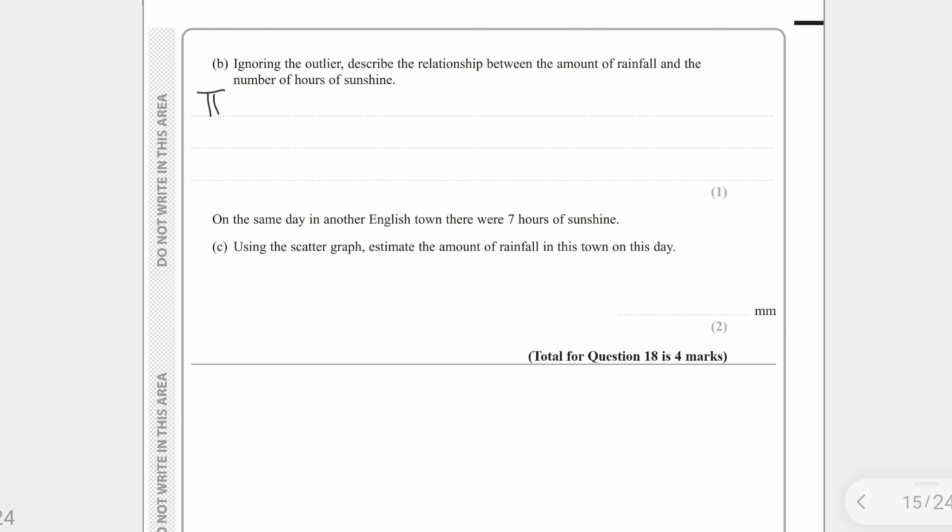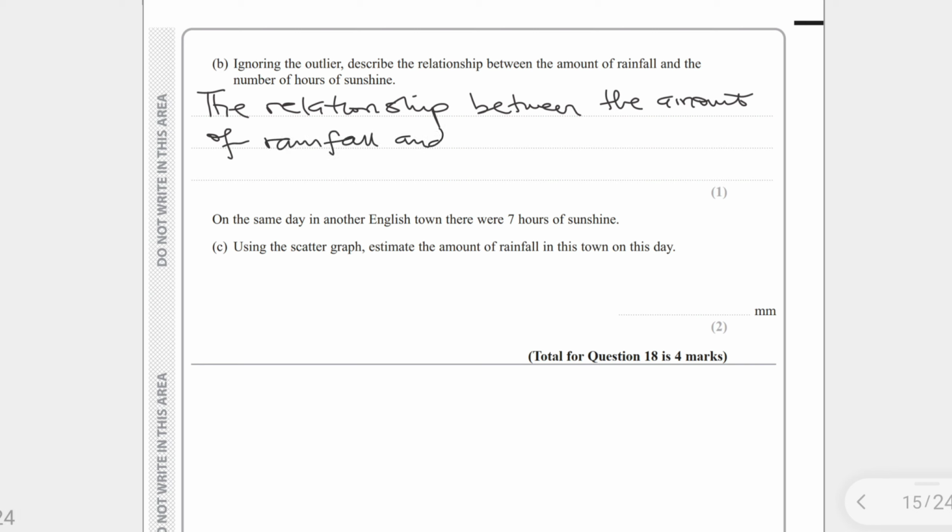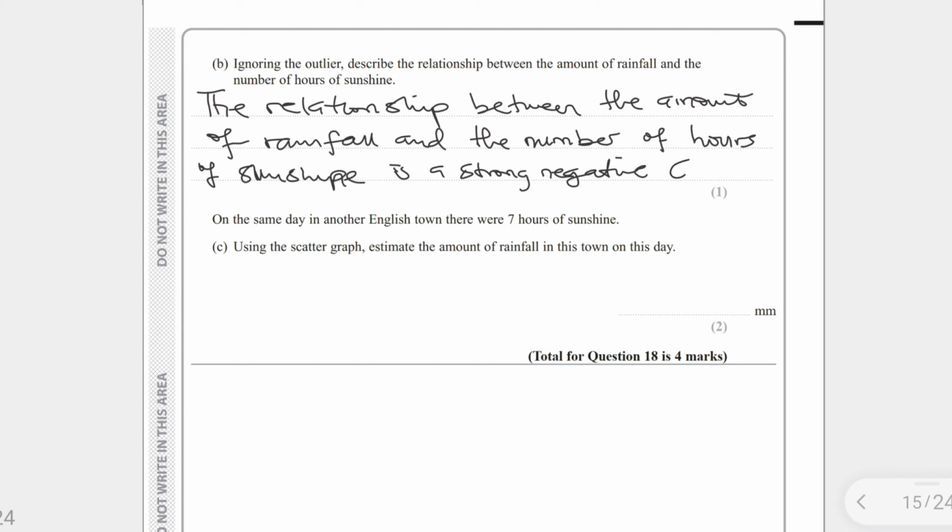So there's no doubt the relationship between the amount of rainfall and the number of hours of sunshine is a strong negative correlation.